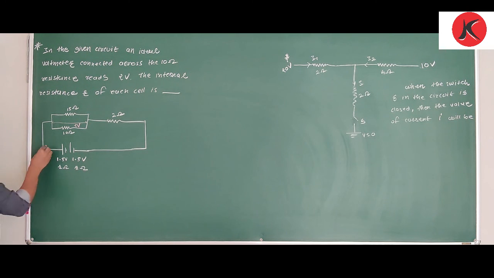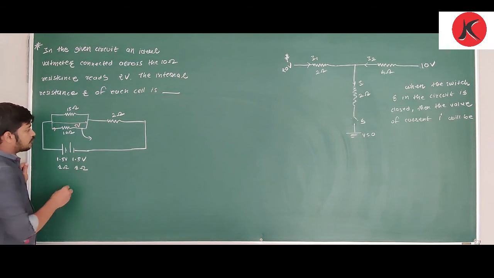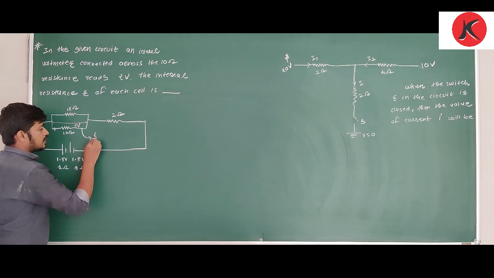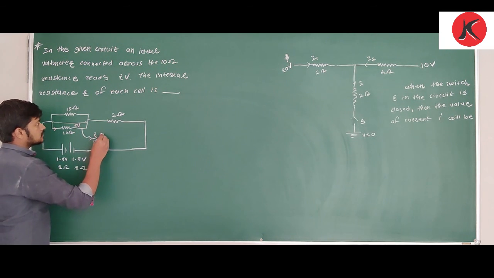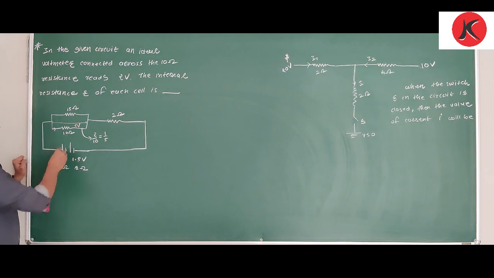So what is the current flowing through this? Current flowing through this is 2 divided by 10, that is 1 by 5. What is the current flowing through this branch?